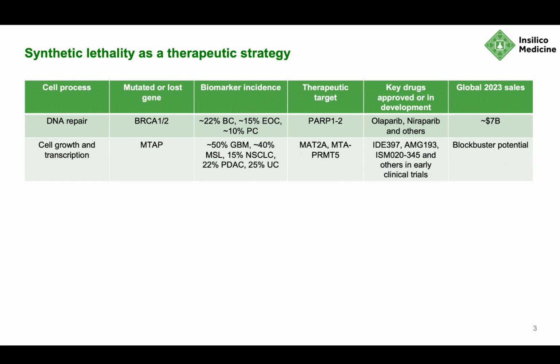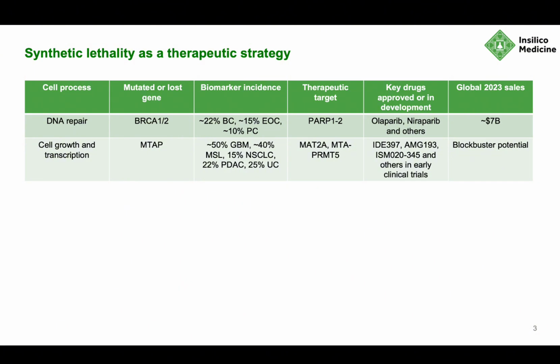PARP activity is essential for non-homologous end joining, and so by targeting BRCA mutant patients with PARP inhibitors, we can kill those tumor cells and spare the normal cells.